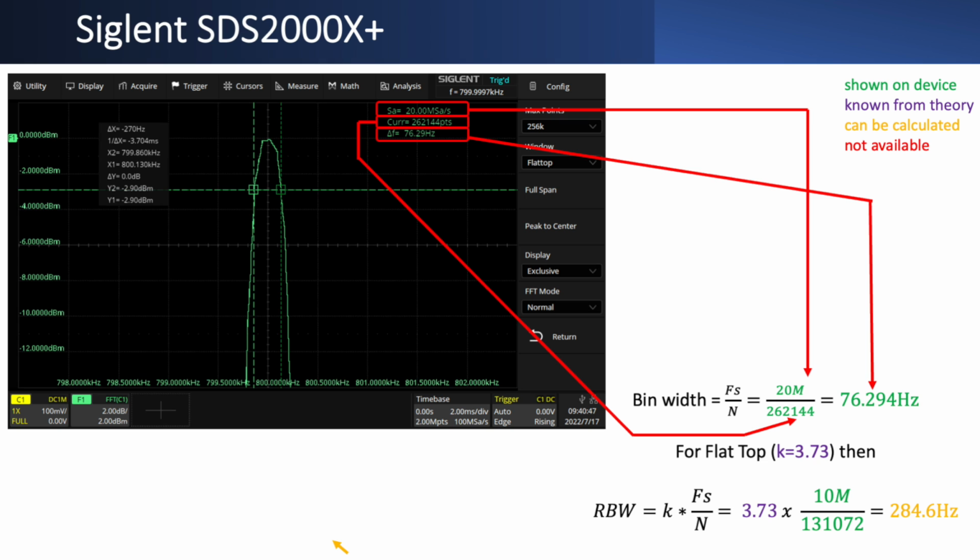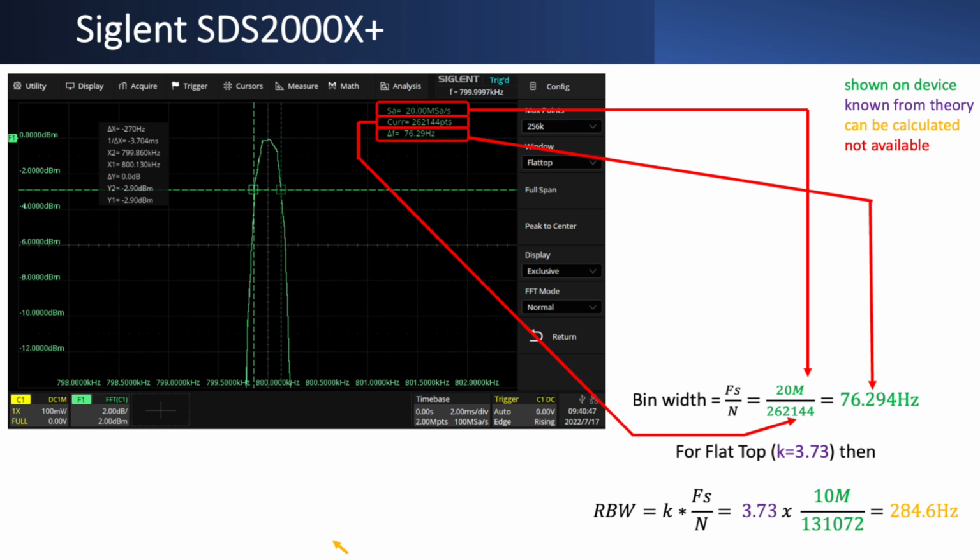But do these calculations also correspond to what's actually happening in the device and its ability to show distinguished tones? I'm showing you the next picture, in which I have the same signal as before, but I'm focusing only on the peak. I've changed the vertical scale to 2 dB per division, so I can easily count dB values.